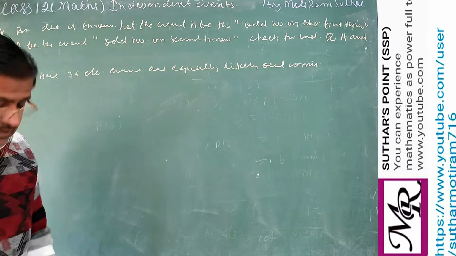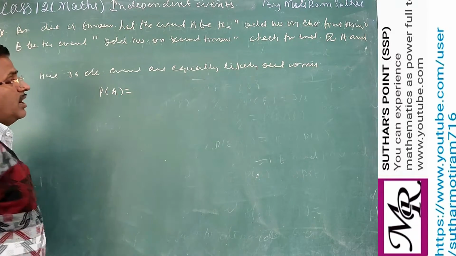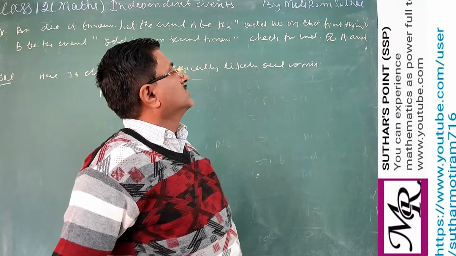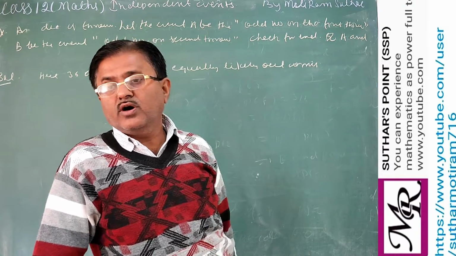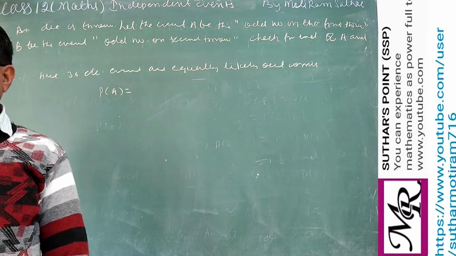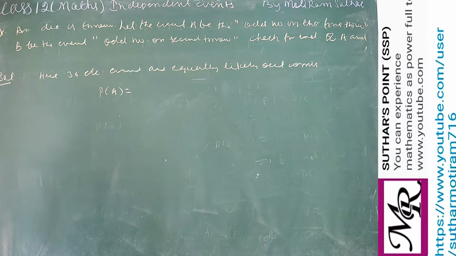Now first is the probability of A. A says an odd number on the first throw. The first throw should be an odd number. Out of 36, there are 18 with an odd number on the first. Clear?